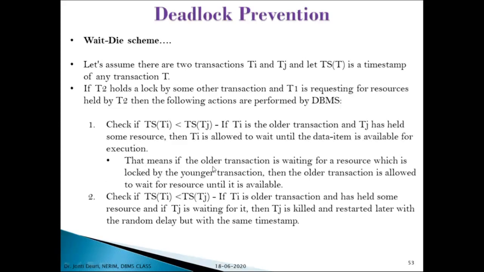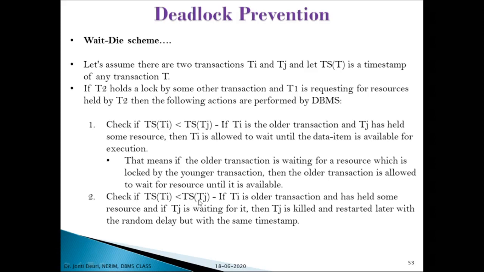That means if the older transaction is waiting for a resource which is locked by the younger transaction, then the older transaction is allowed to wait until the resource is available. So the younger one will first finish, and Ti will be waiting.